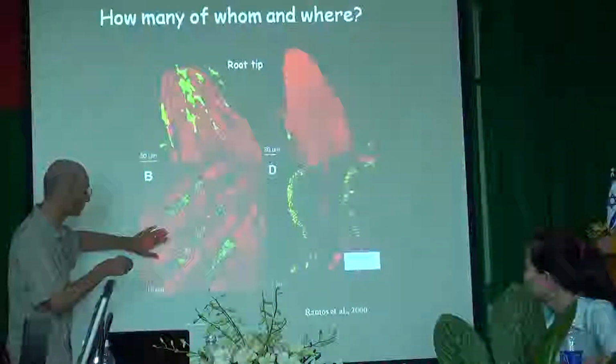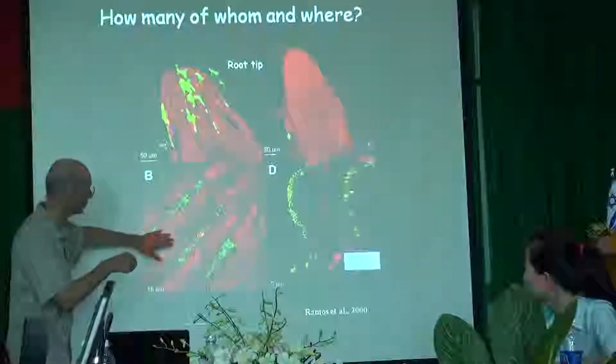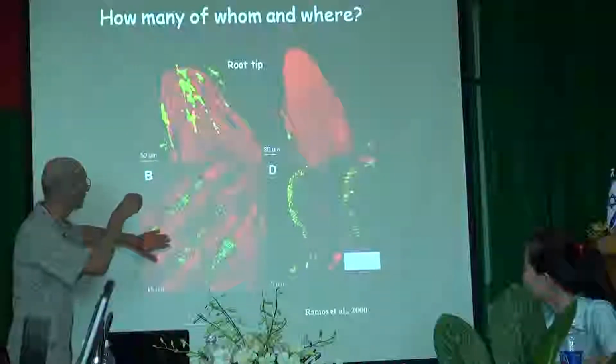So each point here is a single bacterium, and when there are many points like this, these are colonies and actually like biofilms.